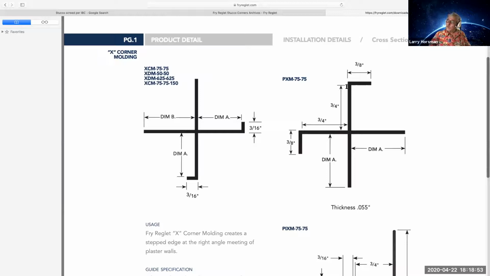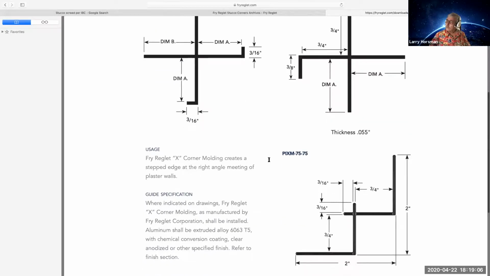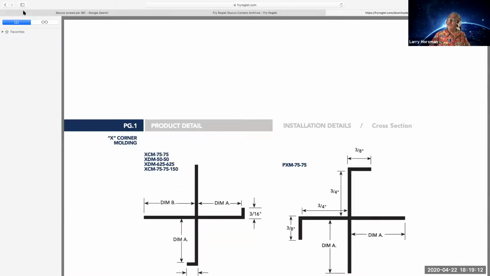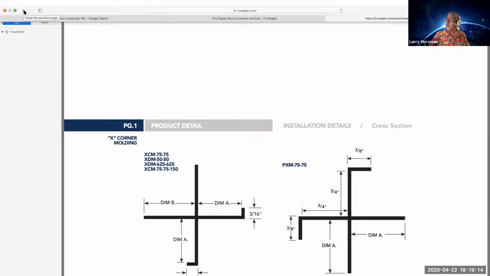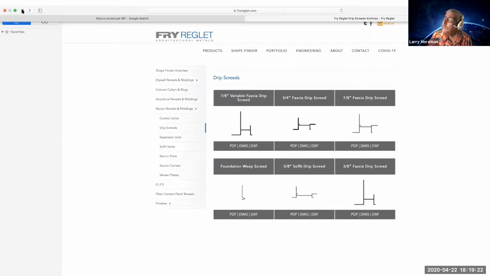And then this provides a kind of clean modern look. So there's tons and tons of that stuff. If you want, I'll send you, all you have to do is do a search on Fry and you can track this stuff down.